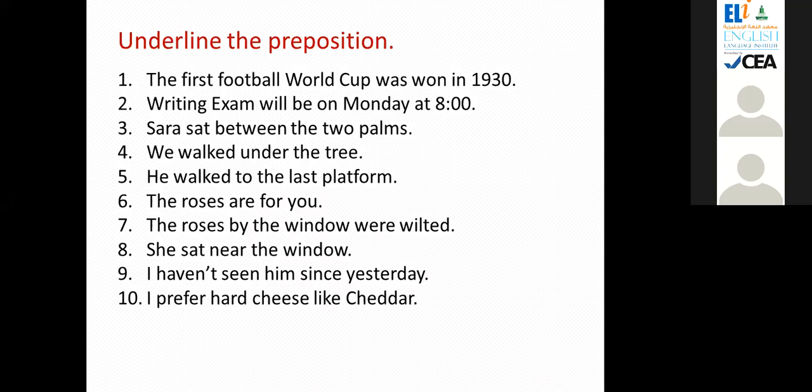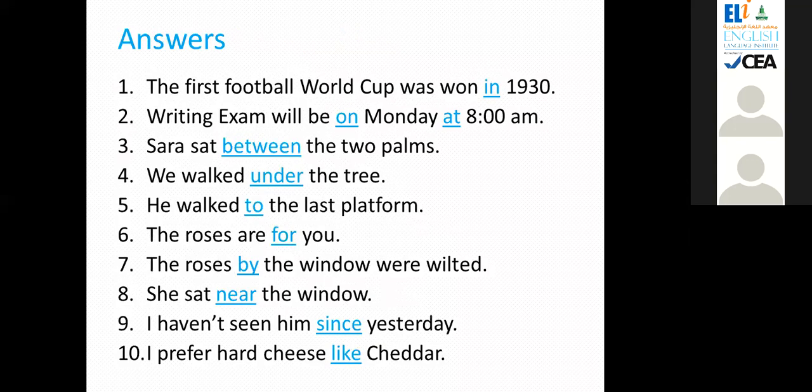Three, between. Four, under. Five, to. Six, for. Seven, by. Eight, near. Nine, since. And ten, like. If we read these sentences, we can understand in which context they are used.